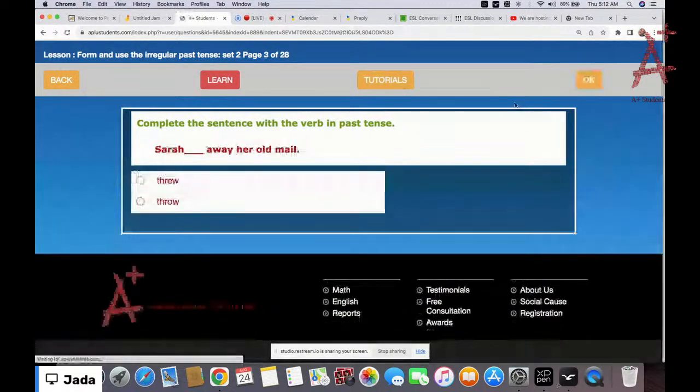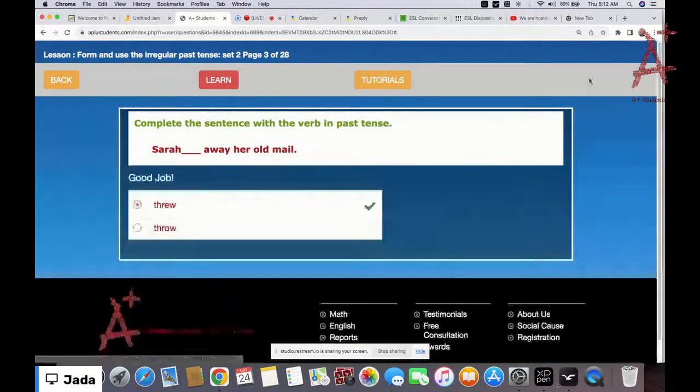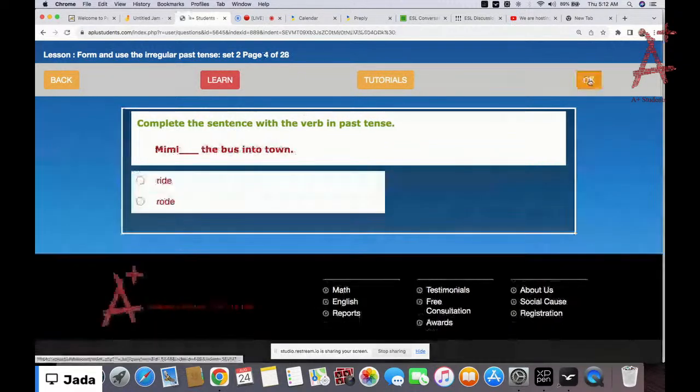Now, Sarah dashed away her old mail. Is it throw or threw? Threw. Okay. So she threw away her old mail. Now, Mimi dashed the bus into town.